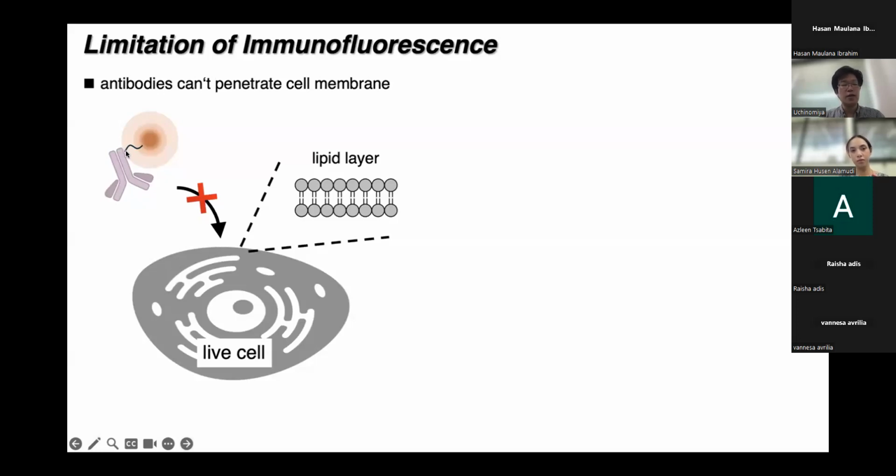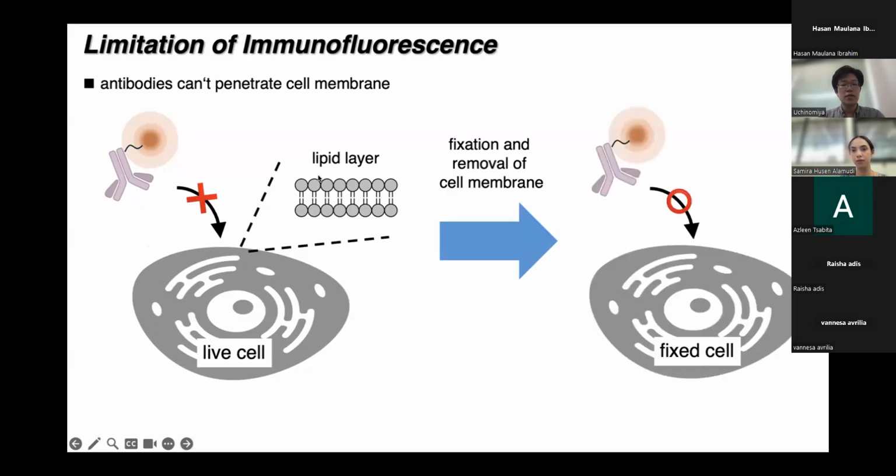That's why in the usual case, in the case of live cells, this antibody cannot pass through the cell membrane. So that's why we need to fix the cell and remove the cell membrane.